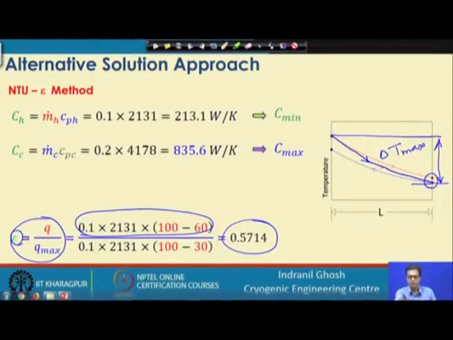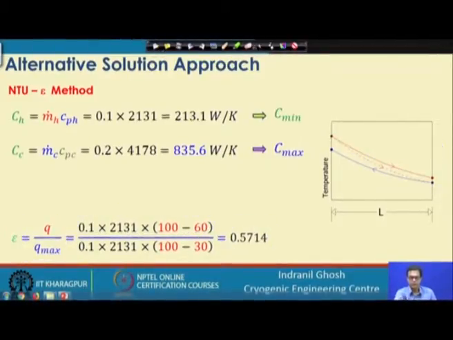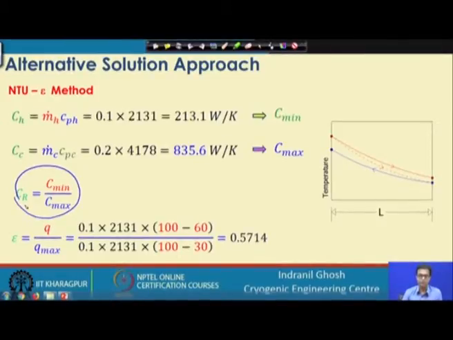Now, if we find another parameter, C min by C max, that is equal to CR, the ratio of the two heat capacities, the minimum and the maximum.